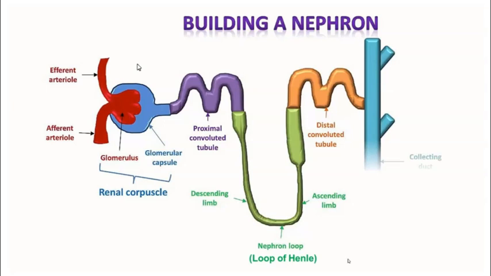The renal corpuscle is the place where filtration is occurring. So blood is being filtered and the filtrate is being captured by that glomerular capsule. The renal tubules are where absorption of needed substances is happening. So the body is reabsorbing the water, the electrolytes, the glucose, and things like that from the filtrate and putting it back into the blood.